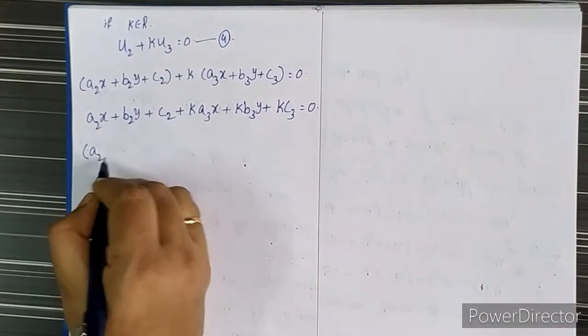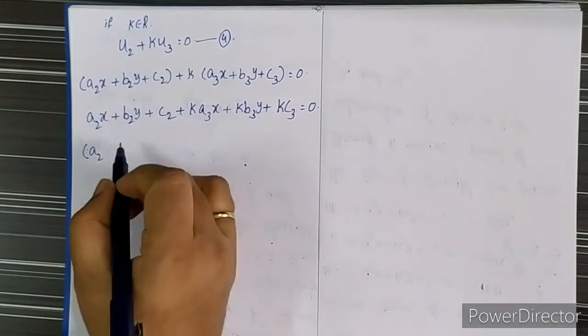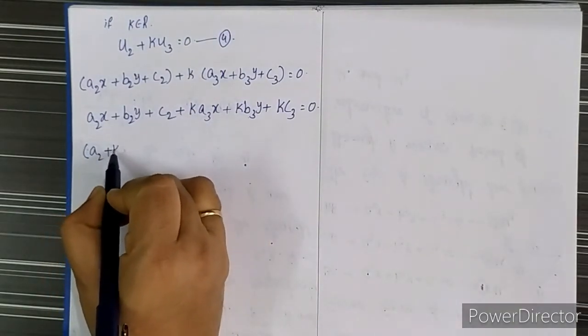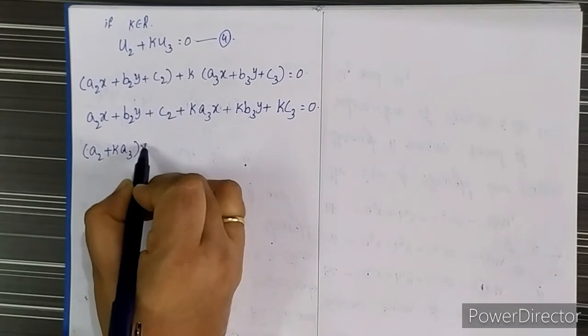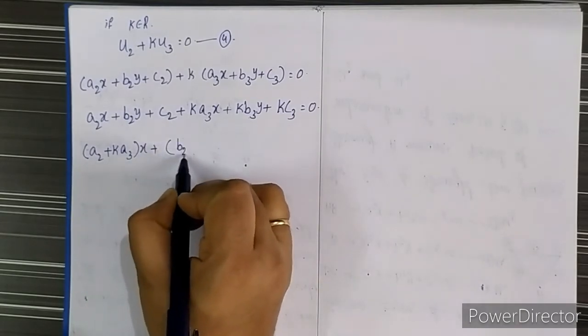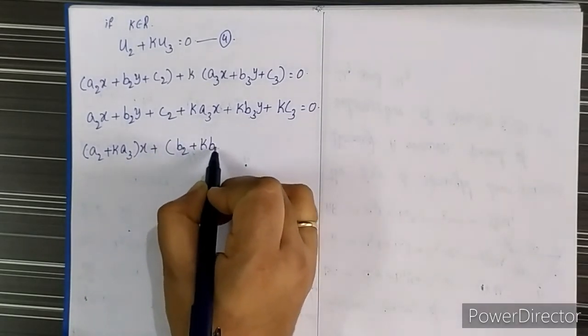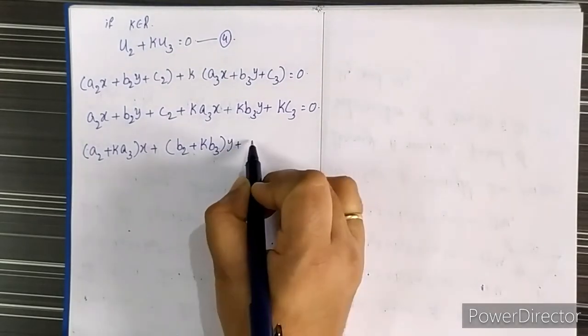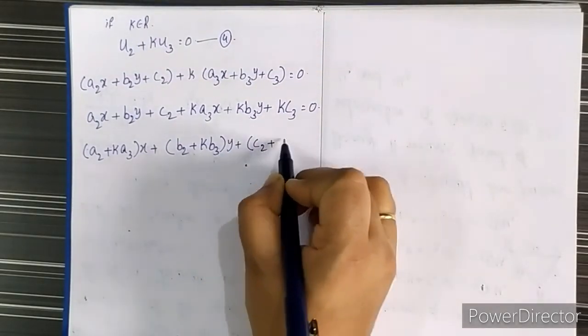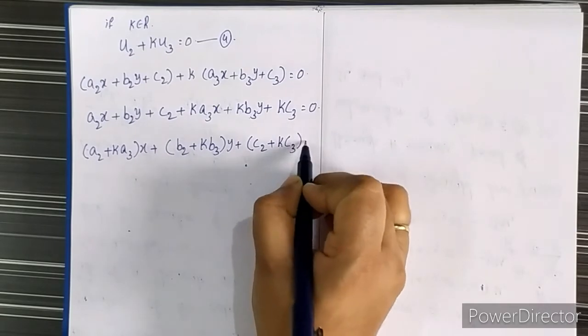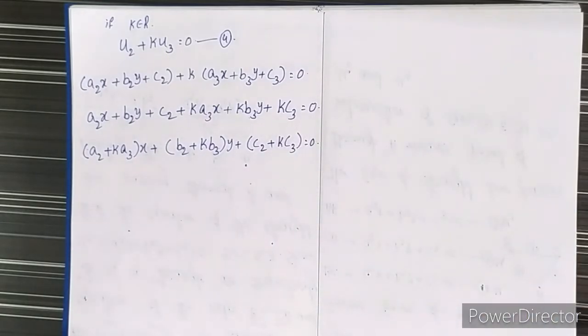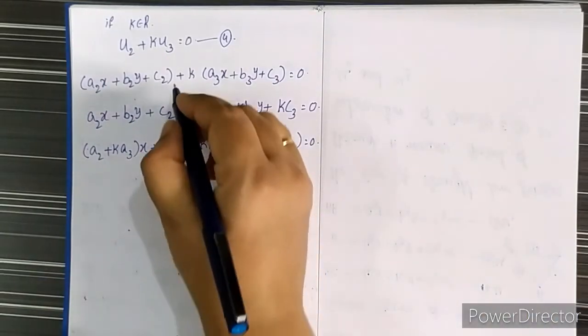Here separate the x, y and constant terms: (a2 plus k a3) into x plus (b2 plus k b3) into y plus (c2 plus k c3) is equal to 0. This is the straight line equation.